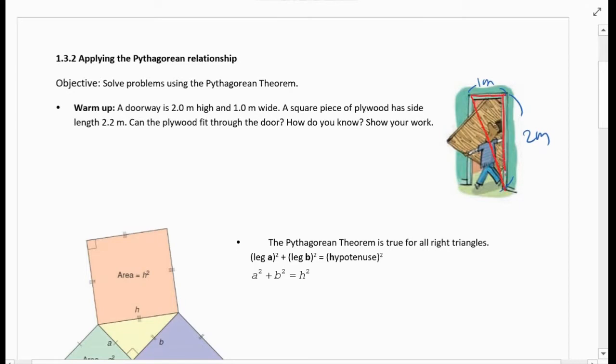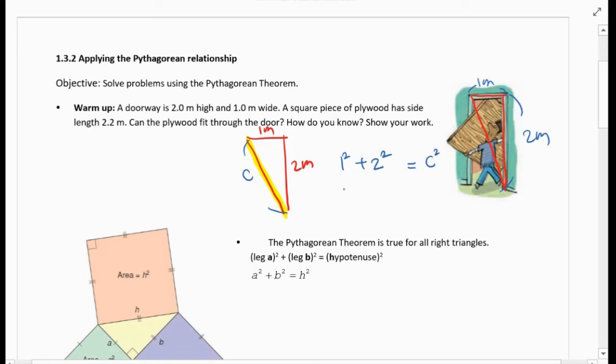If you look, this is a right triangle. Is that right? So let's draw the right triangle. We know this is 2 meter and this is 1 meter. We're going to find the diagonal, the hypotenuse. So the hypotenuse is this, and we're going to let this be C. Then the hypotenuse should be isolated. 1 squared plus 2 squared should be C squared.